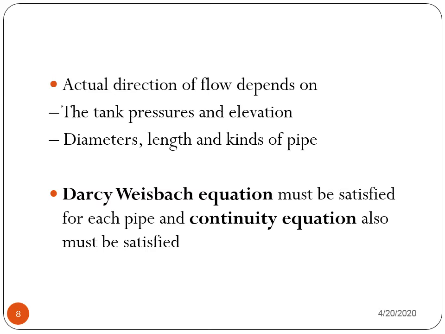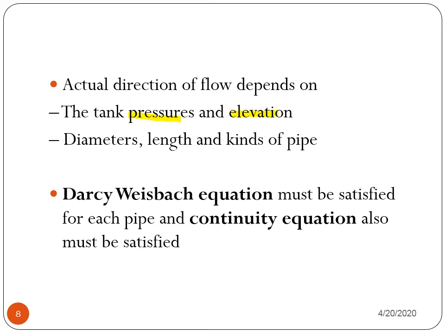The actual direction of flow depends on the tank pressure and elevation. For this case, branching of pipes, we will not have any pump involved. The water in the pipe will flow via gravity.